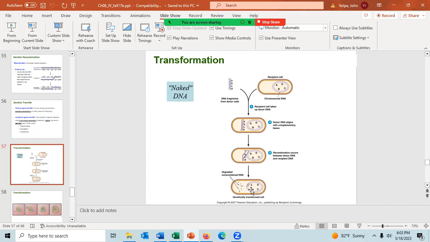So we can say that this cell is transformed. It's showing transformation. Transformation is both the process of taking in DNA and then expressing it, as well as you can say this cell is transformed because it's changing its phenotype.